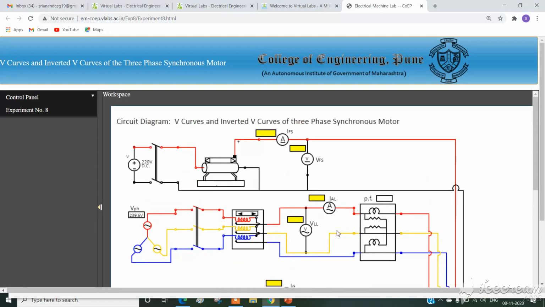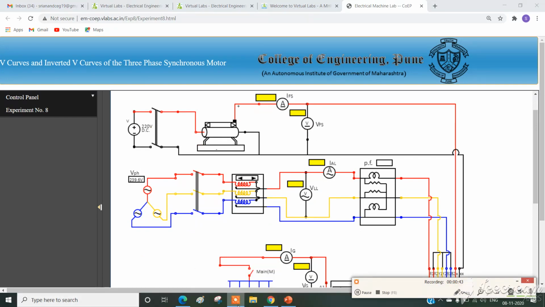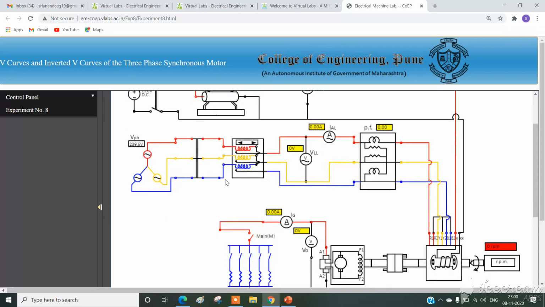The procedure is: first we need to supply the three-phase supply to the armature. Simply click on this switch, and now we need to vary the supply voltage to the rated value by varying this auto transformer.